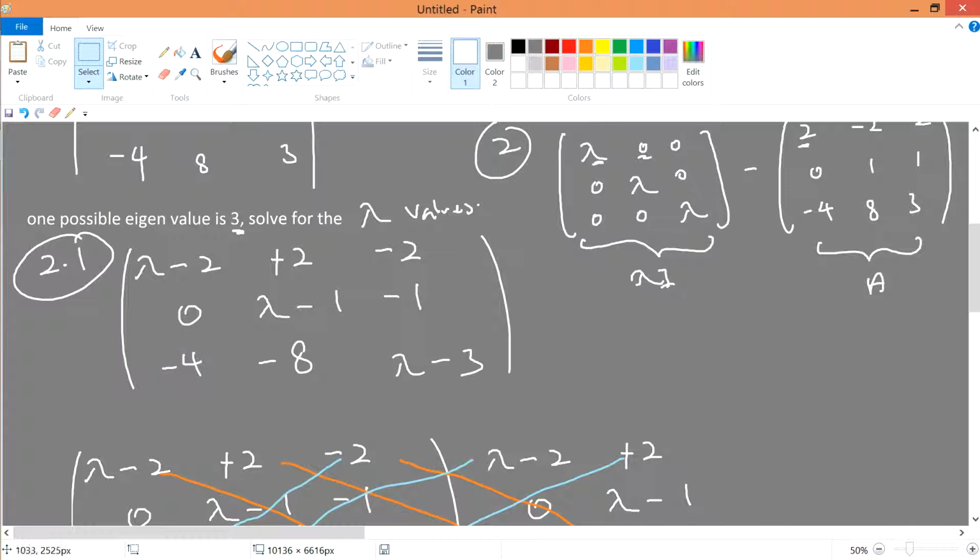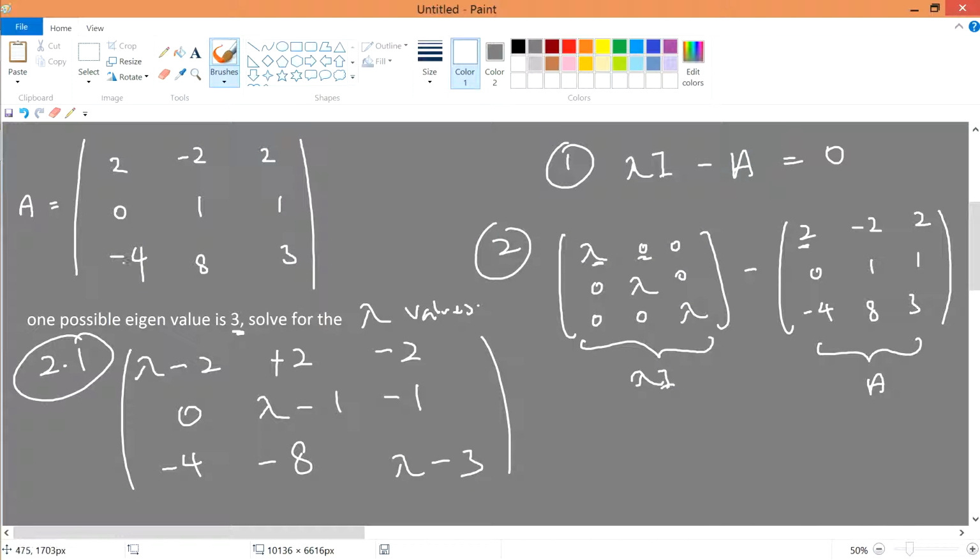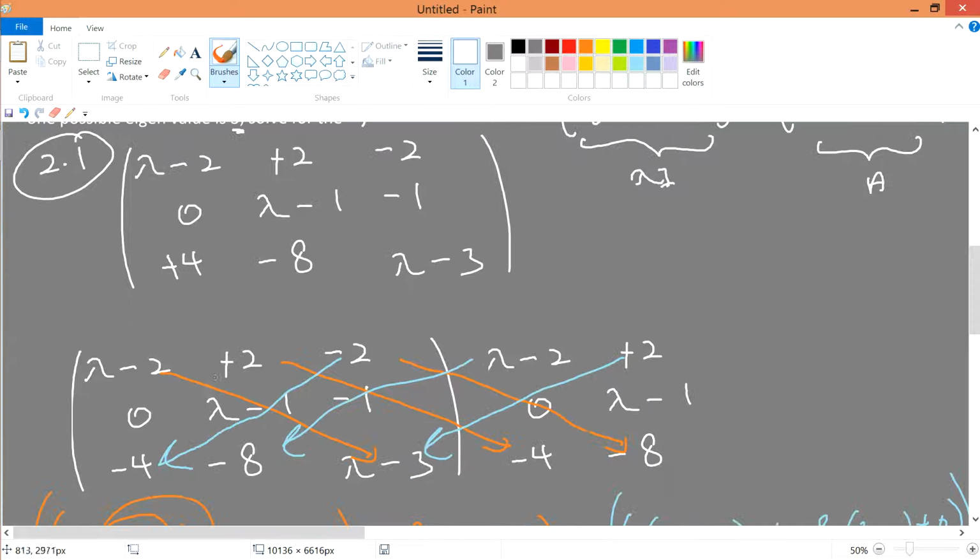When I sub in beta equals minus 4, I should also change the minus 4. If you remember, this is minus 4. Minus 2 will change to plus 2, plus 2 will change to minus 2, but minus 4 I didn't change to plus 4. So this is where I've gone wrong.